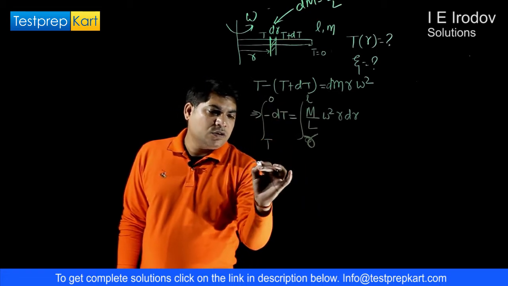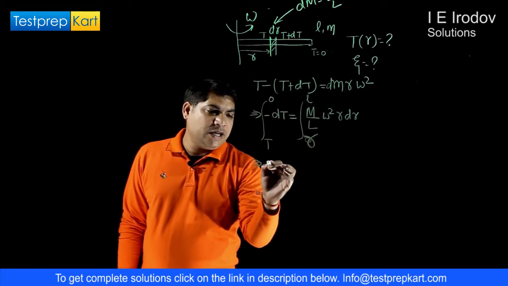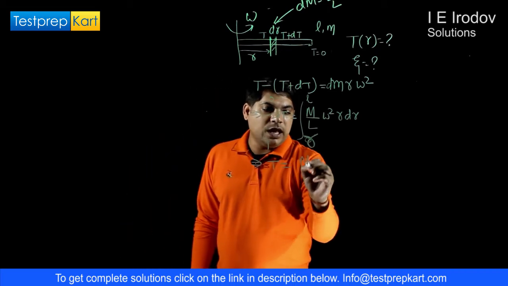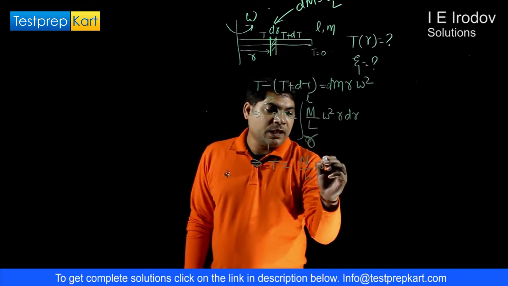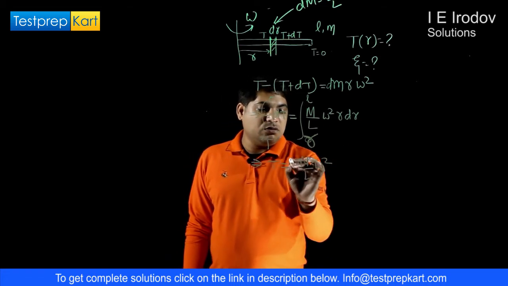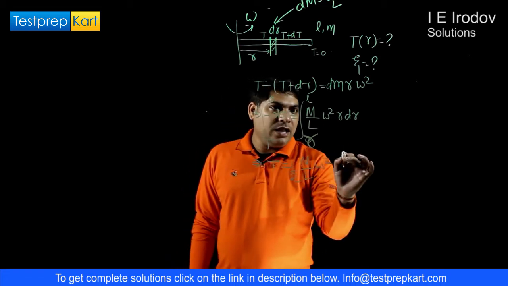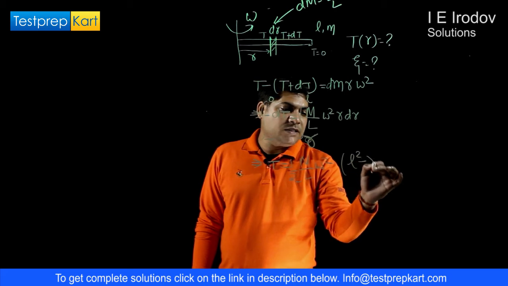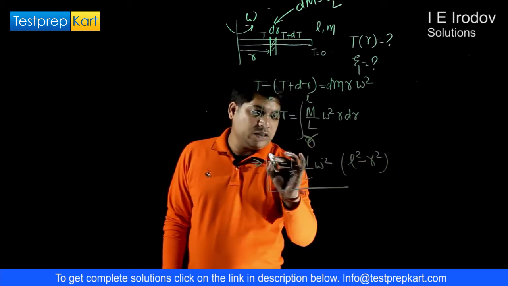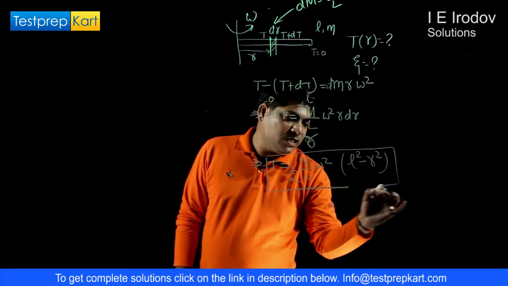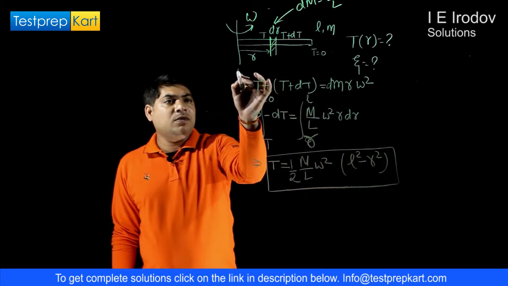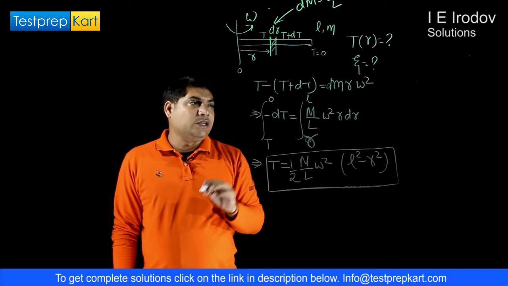So from this integration we'll get T equal to m over L omega square, and this integration is r square by 2, so we can take half here, and this is L square minus r square. So this is the function of tension which is changing with respect to the distance r. r is the distance from this rotational axis.